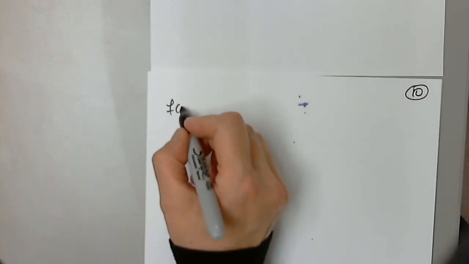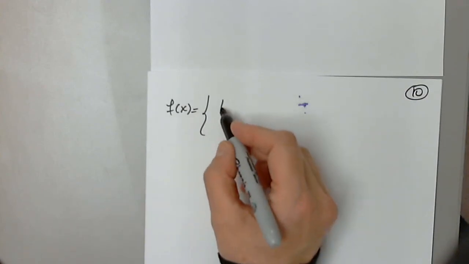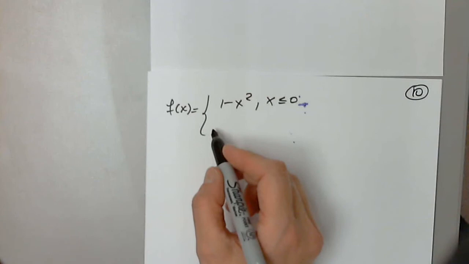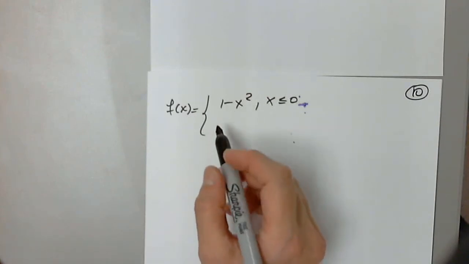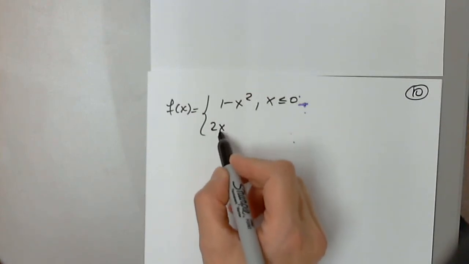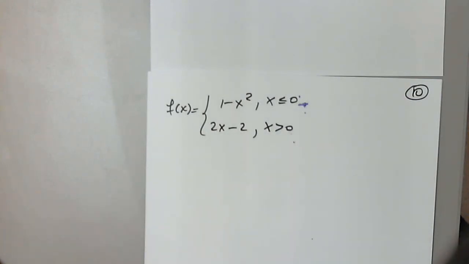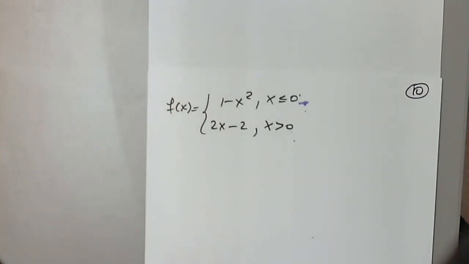So f of x is 1 minus x squared for x less than or equal to 0. And I'm going to change this a little bit. I just want to show you something else. So let's say 2x minus 2 for x greater than 0. I just made a minor change. Okay, so what type of function is this?